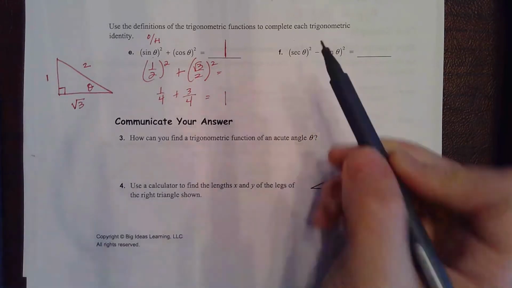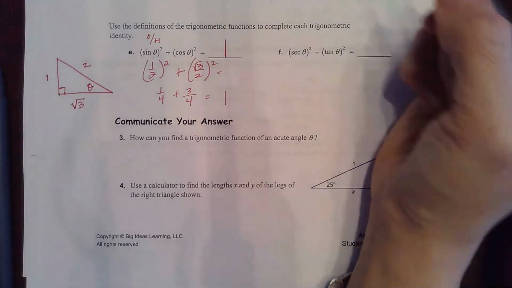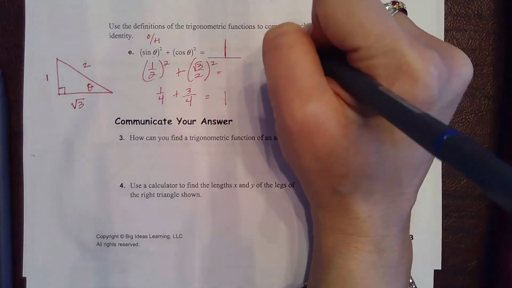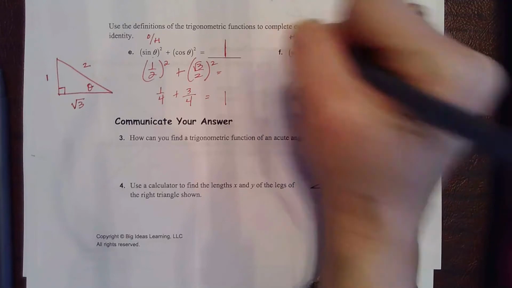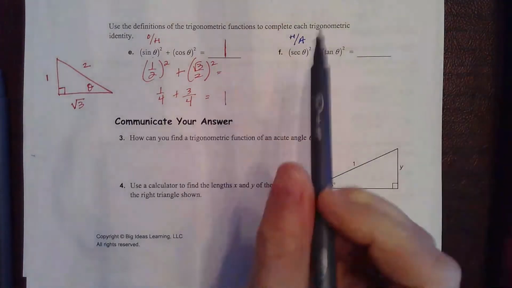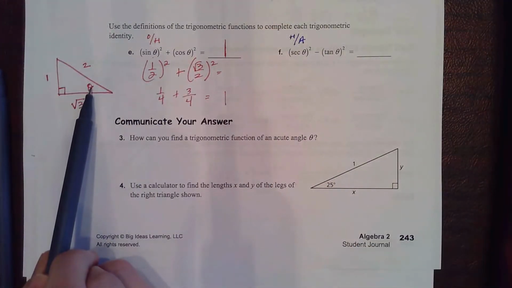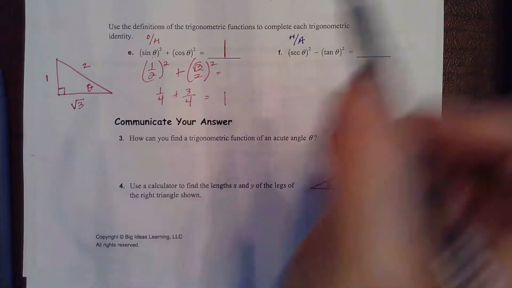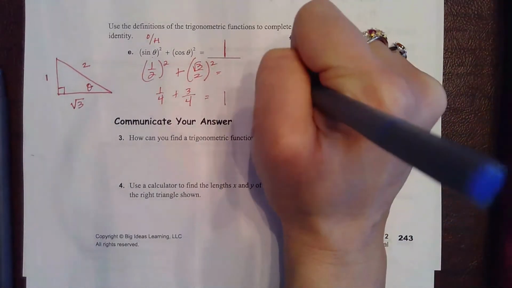Let me show you. Remember, secant is the reciprocal of cosine. So if cosine is adjacent over hypotenuse, secant is hypotenuse over adjacent. Going back to this triangle, hypotenuse over adjacent would be 2 divided by root 3.